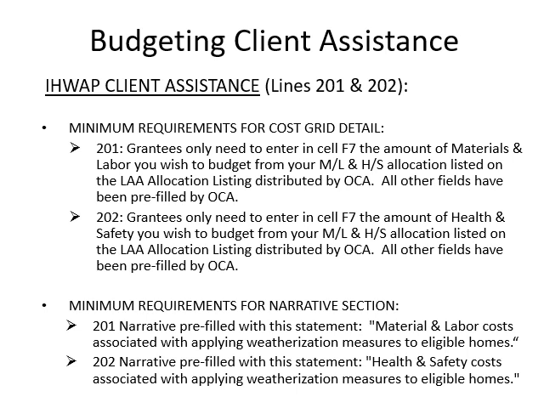Similarly, in line 202 for health and safety, the grantee would just budget the amount of the total material and labor health and safety allocation that they would like to budget for health and safety. So essentially between lines 201 and 202, the grantee needs to split the total material and labor health and safety allocation between those two line items.